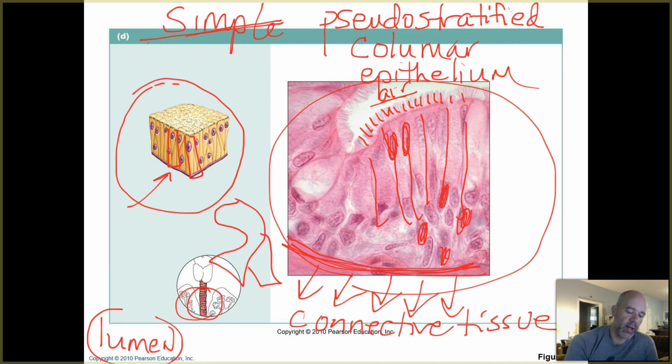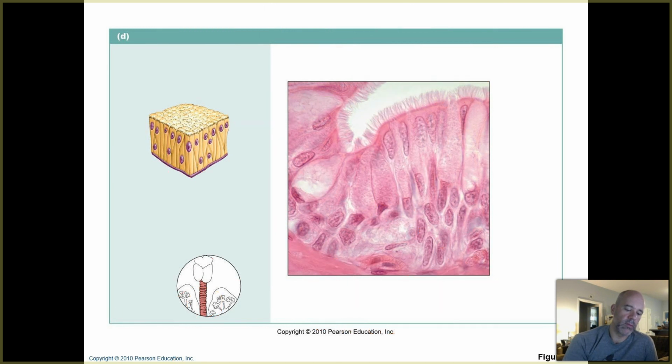So these little hair-like projections, let me erase this stuff because it's getting kind of overdrawn there. These little hair-like projections, if you guys remember from chapter 3 when we went over cell structures, those are cilia. Those are built from proteins that are capable of whipping back and forth like that.